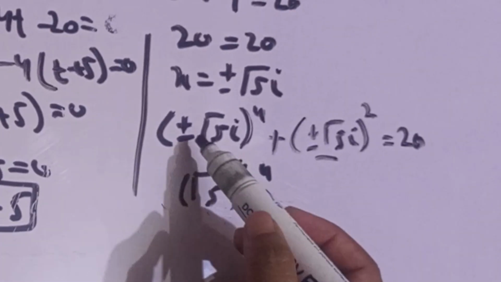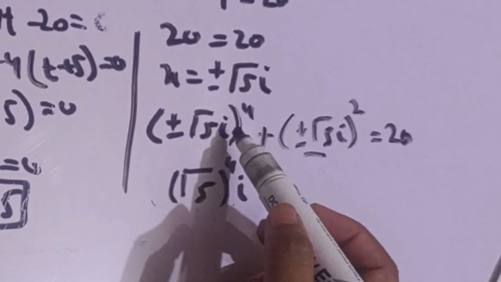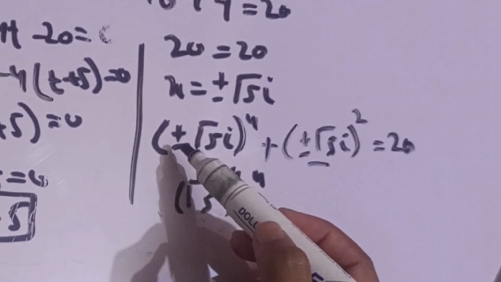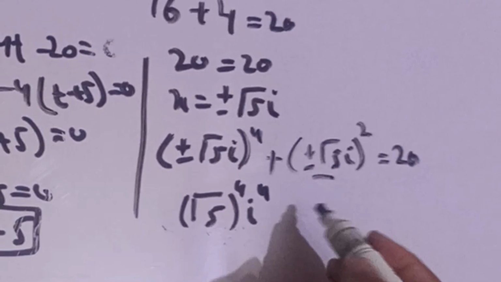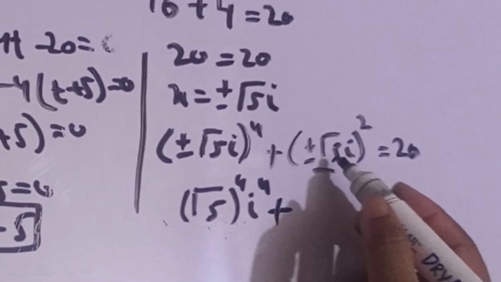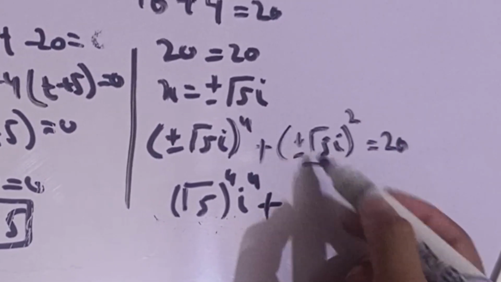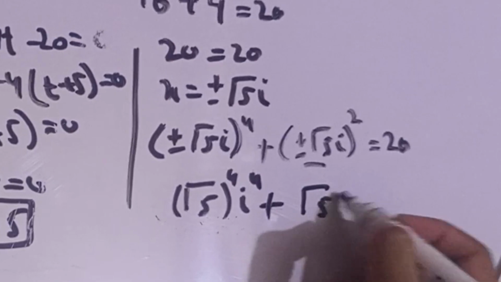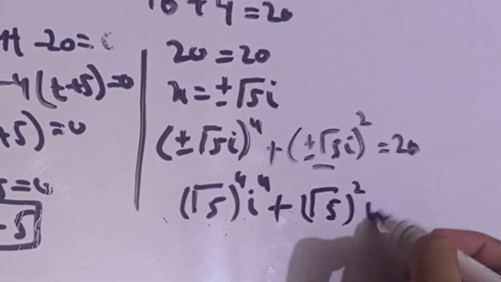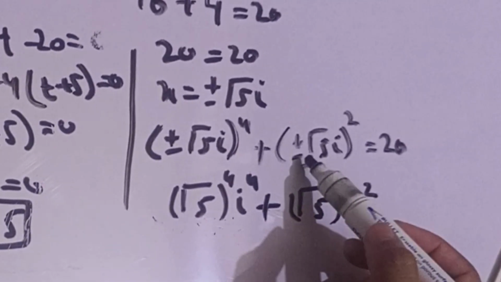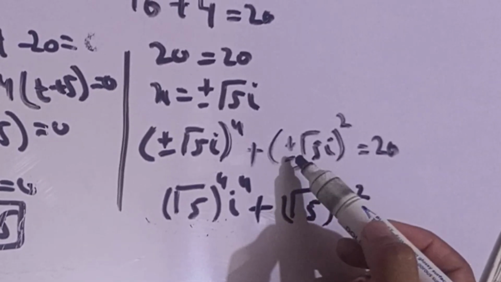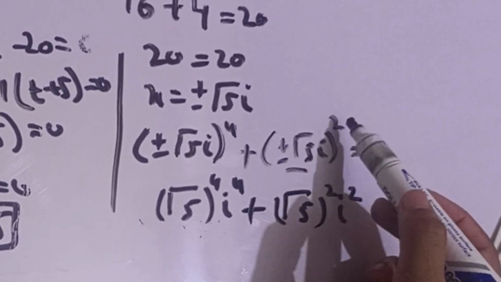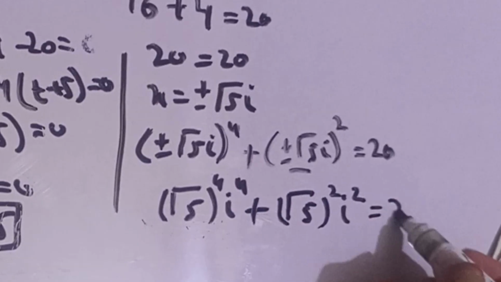And if x is negative square root 5 iota, then this negative will become positive because the power is an even number. Plus, if this is positive, then we write this as square root 5 whole square and iota square. And if x is negative, then the negative will become positive because the power is an even number. This is equal to 20.